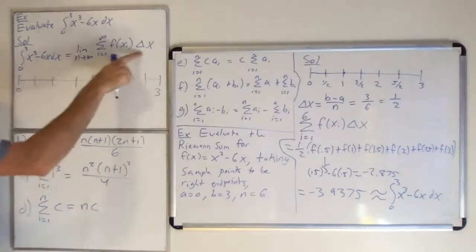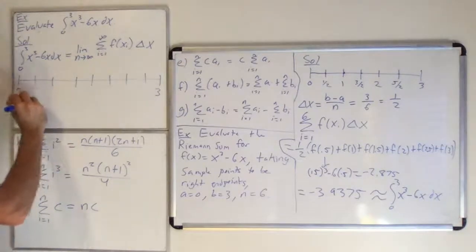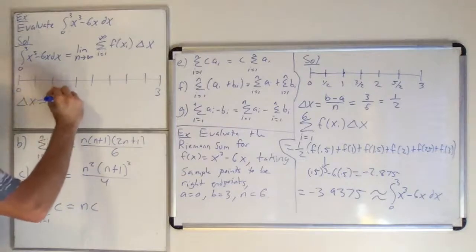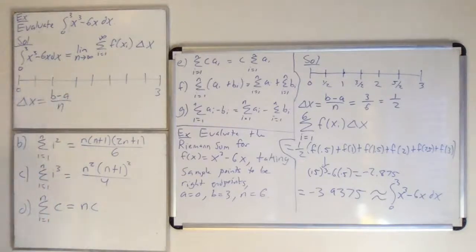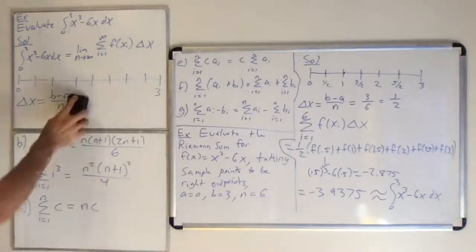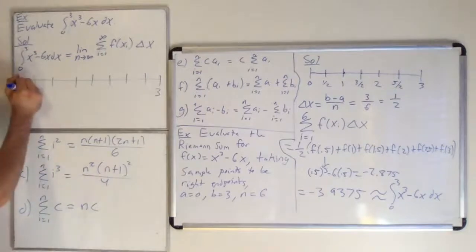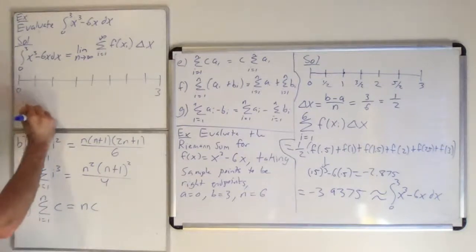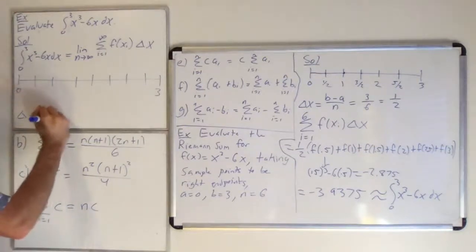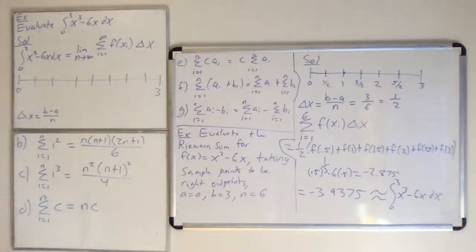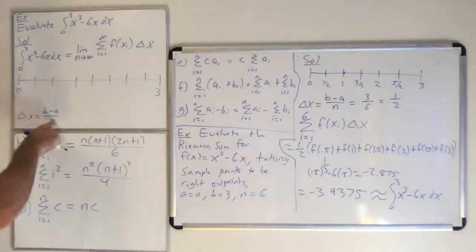So we need to find delta x. Delta x is equal to b minus a over n, which in our case is 3 minus 0 over n.